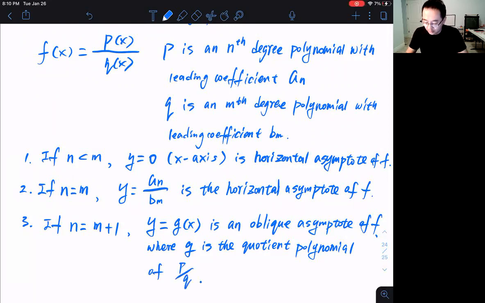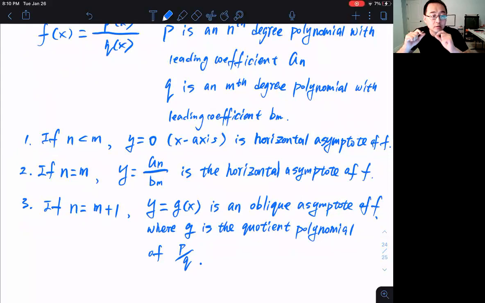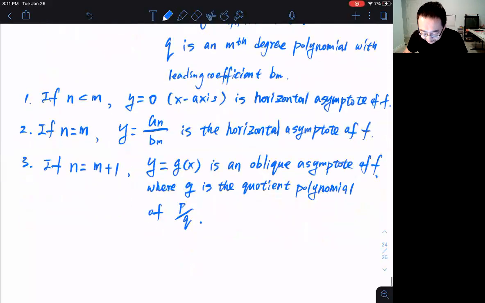That's when you just divide those two polynomials and get the functional form of g, and that function becomes the line. Since n is m plus 1, when you divide the two, g of x is going to be x with just the first power, so it's a straight line, and whatever that line is becomes the oblique asymptote for f, because f will forever get close to that line but never cross.